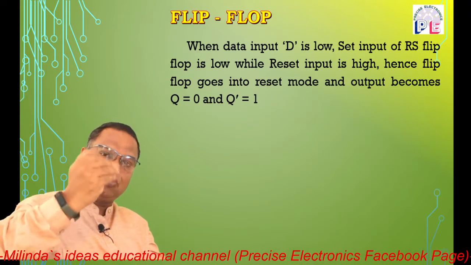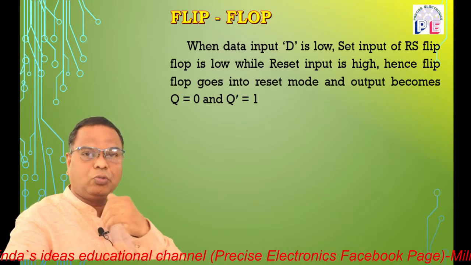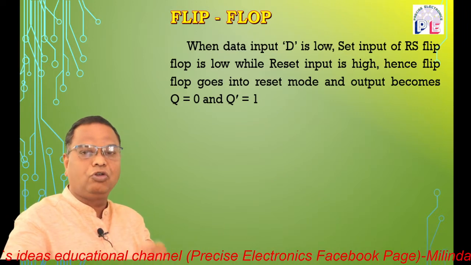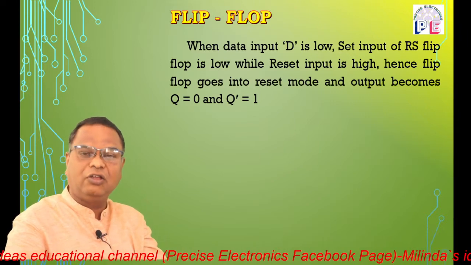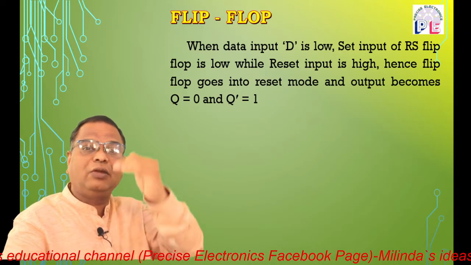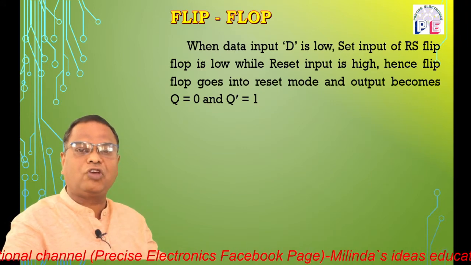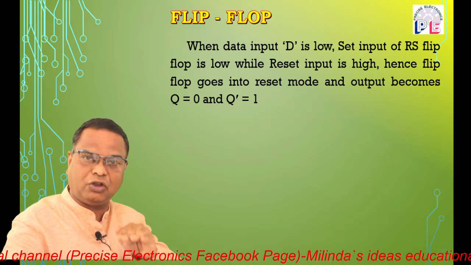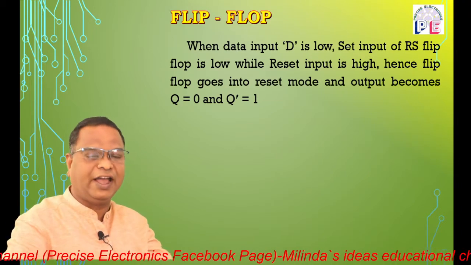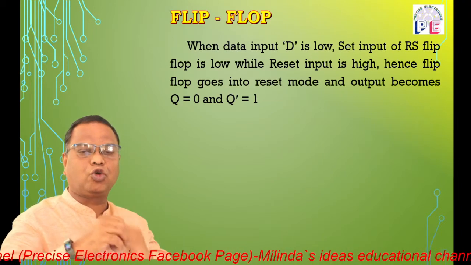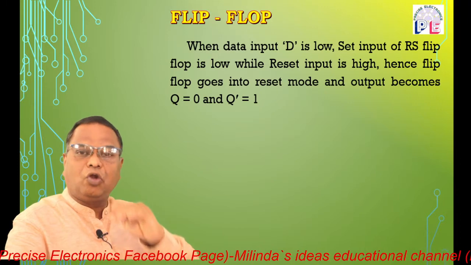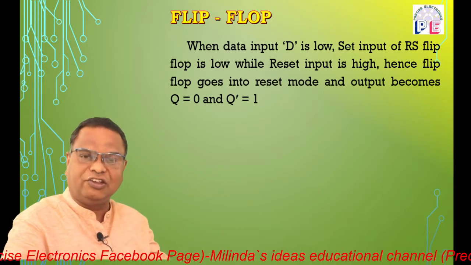Because it is connected through a NOT gate, and the output of the NOT gate is the complement of the input. So the input now becomes high, due to which the reset input goes to high level. So the flip-flop must be in reset mode. So the output now becomes Q equal to 0 and Q complement goes to high level. So Q is 0, Q complement is 1. The flip-flop is in reset mode. That is our first condition.